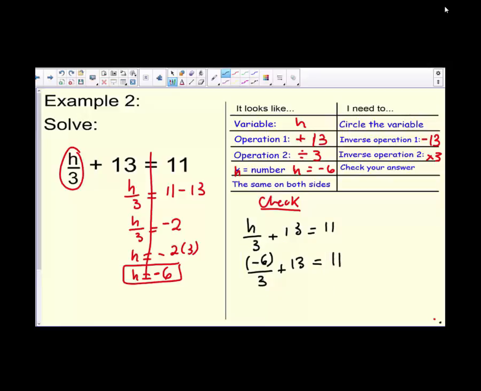A negative divided by a positive is a negative, and 6 divided by 3 equals 2, plus 13 equals 11. Is that true? Well, different signs. We're going to find the difference. 13 minus 2 equals 11, and we keep the sign of the number with the greater absolute value, which is positive. And 11 is equal to 11, therefore we did it correctly.